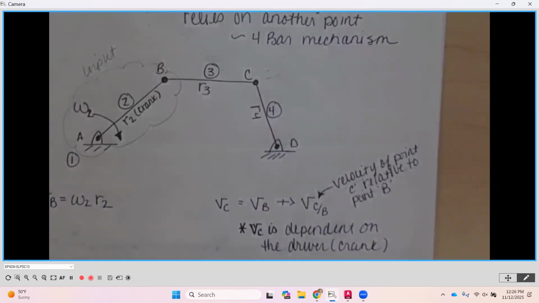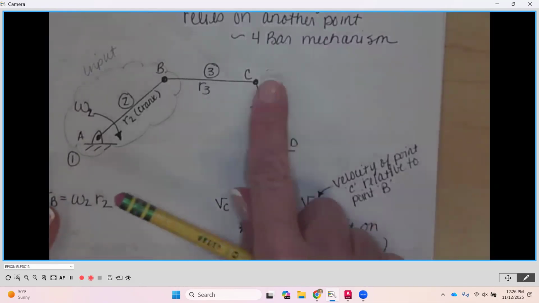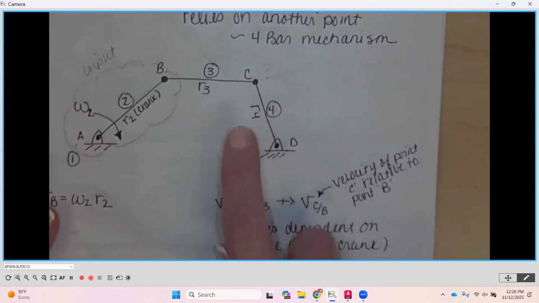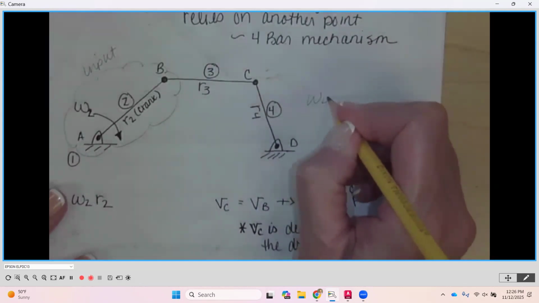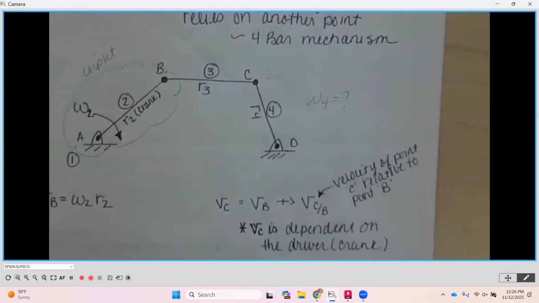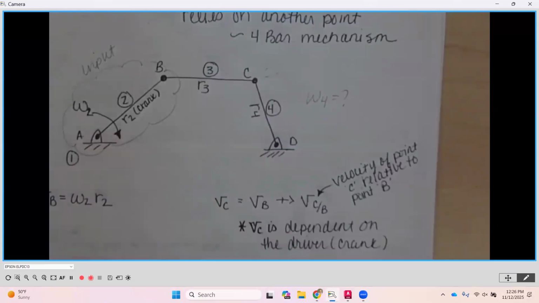And by adjusting those, now we can figure out what is going on over here. So a very common problem is, what is the angular velocity of link number 4 when link number 2 is rotating at an identified number of RPMs?